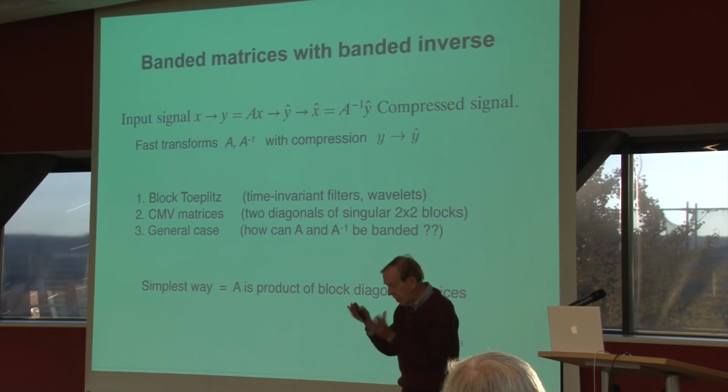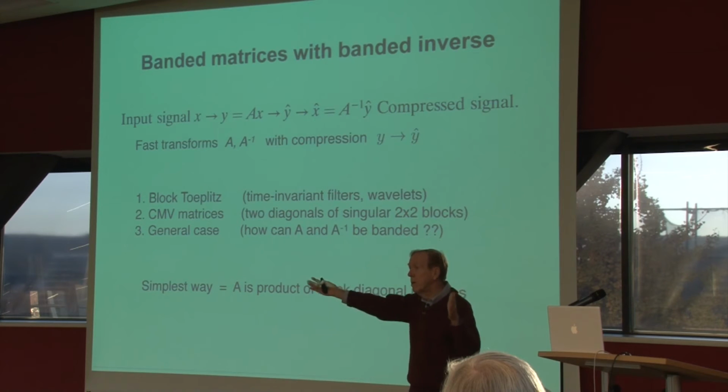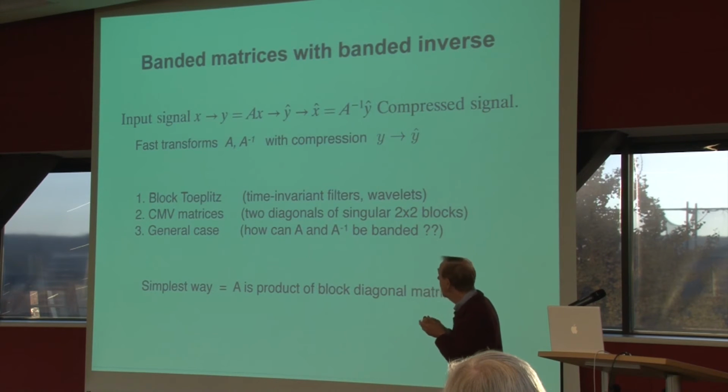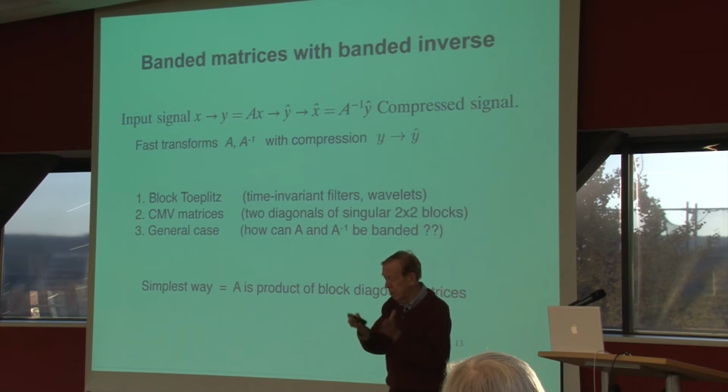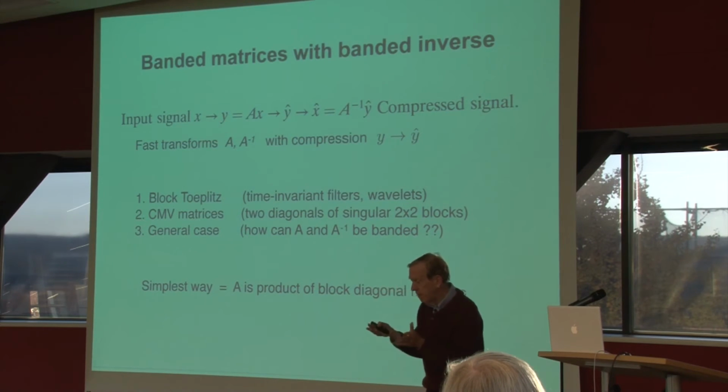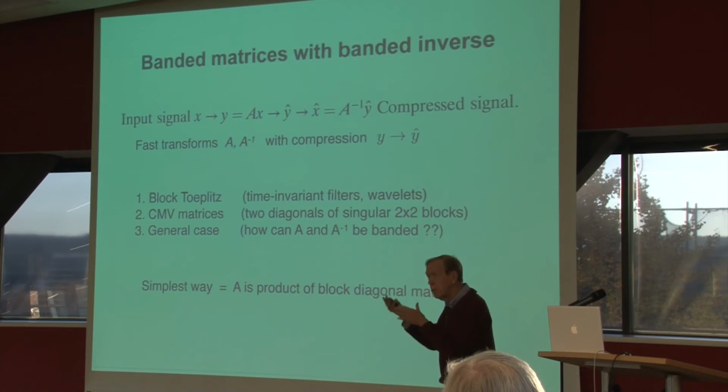The derivative is a local operation. Its inverse, the integral, is a global operation. And that's typical in solving differential equations. The matrix that gives the differential equation is local, banded. The matrix that gives the solution, the Green's function, the integral equation, is full.